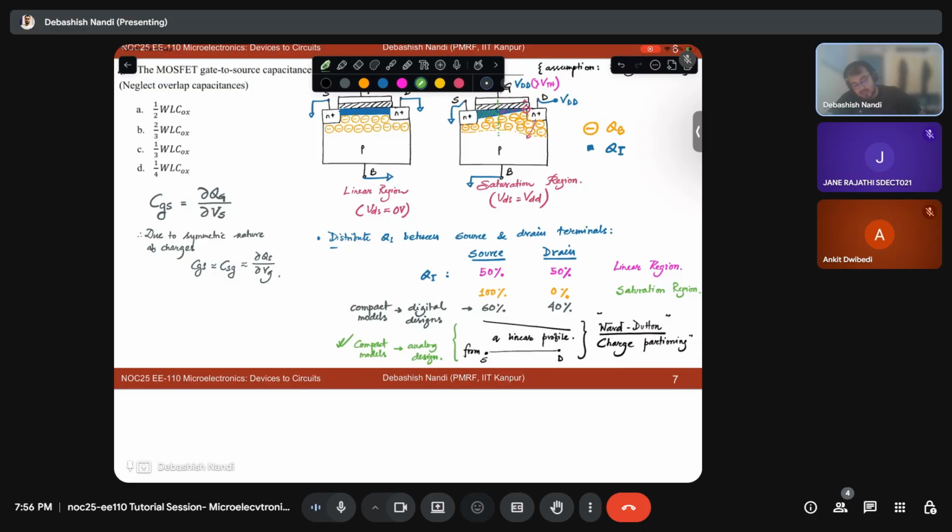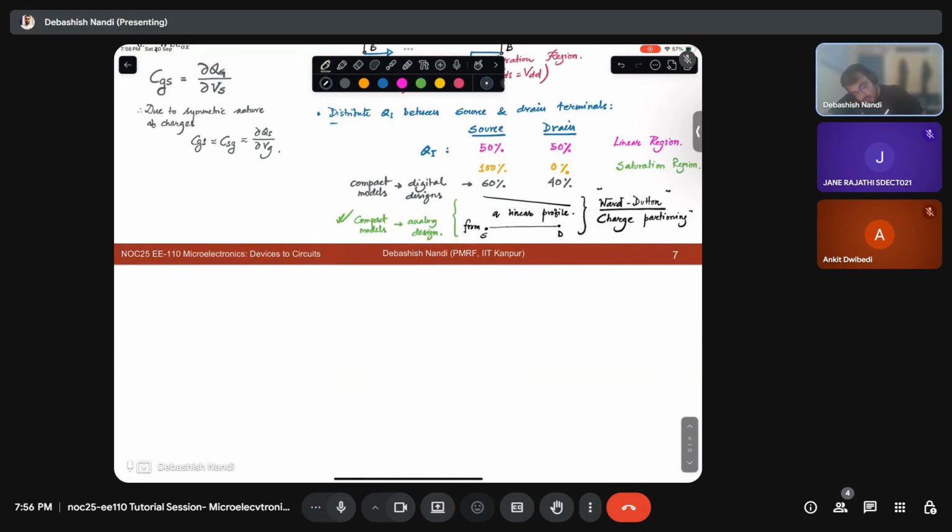Fine. So if this is so, and if I draw the charge profile, let's say QG equal to Q semiconductor, whatever the charge in the semiconductor is, or equal to QB plus QI, it will with respect to VG, and let's say this point is my flat band point, and not zero.